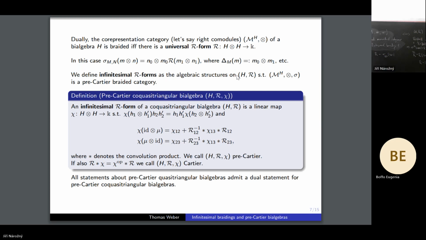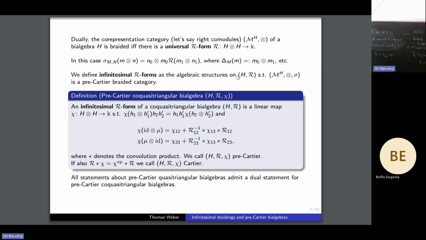Good. So this was the story for modules. If you don't like modules, but you rather work with comodules, then you can formulate everything with comodules. So for an algebra H, I write this with the upper H, is the category of right H comodules.